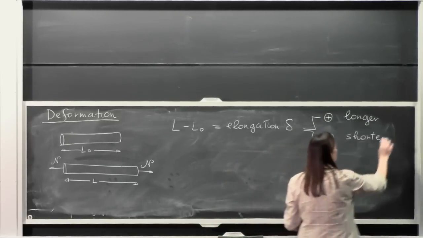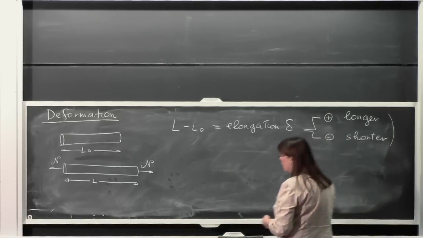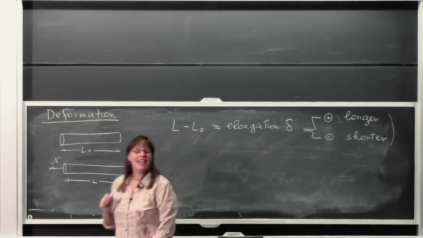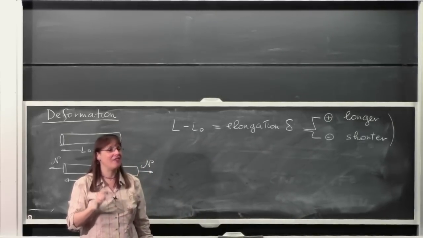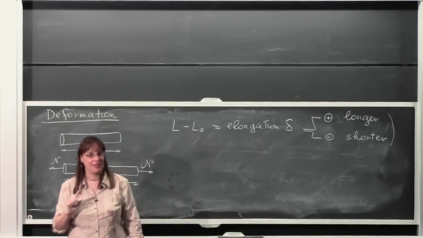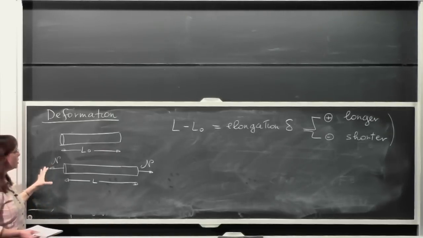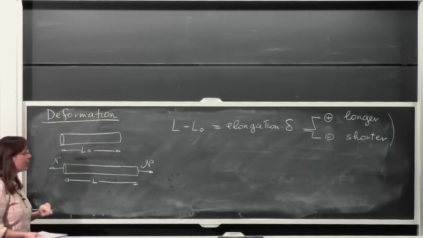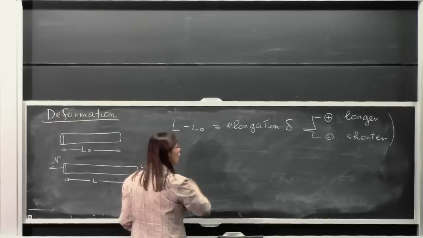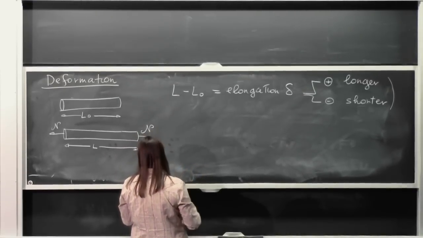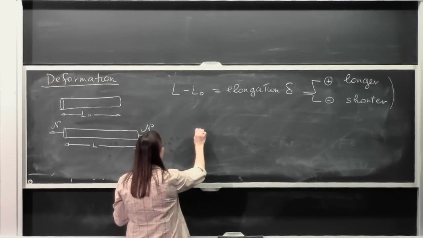Again, this one doesn't have anything to do with x, okay? The deformation only has to do with if the bar becomes longer or shorter. It does not depend on x, and we can see that there must be some kind of connection.